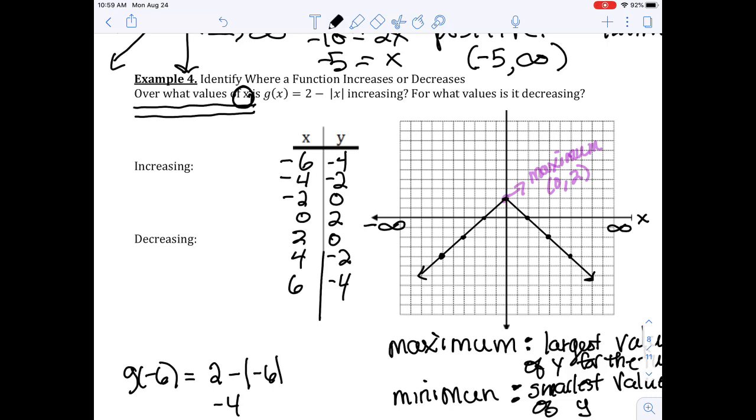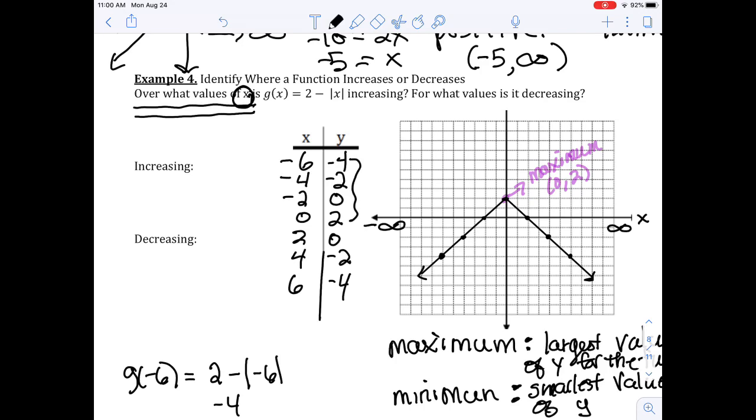So when we write the intervals, we are referring to the x values. Let's look at the x values even in our table. Over what x values is the function increasing? It appears the y values are going from -4 to -2 to 0 to 2.